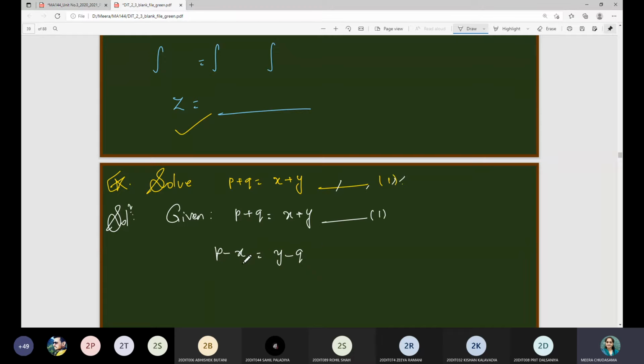Now x is an independent variable, y is also an independent variable, and these are derivatives. Actually this expression is nothing but del z by del x minus x is equal to del z by del y minus y minus q. I will write this as minus q plus y.